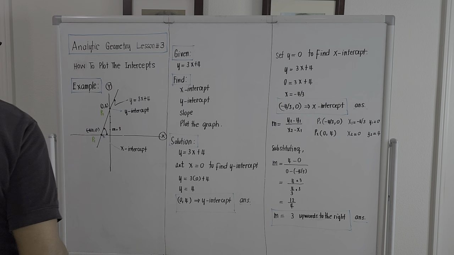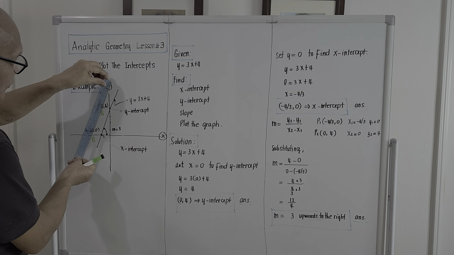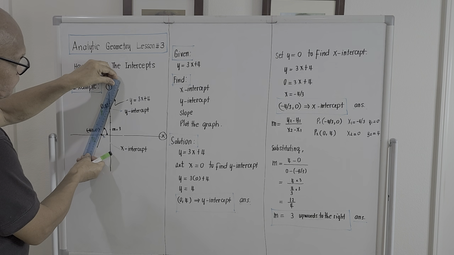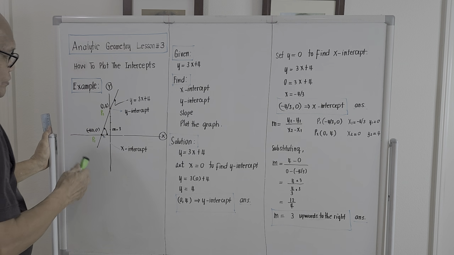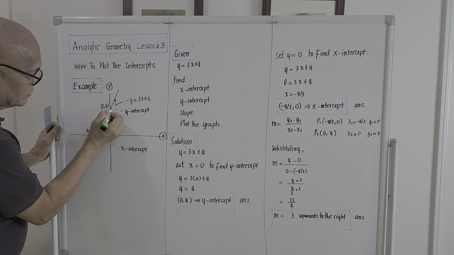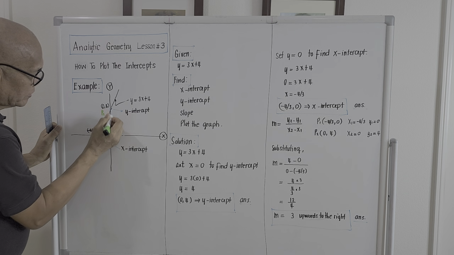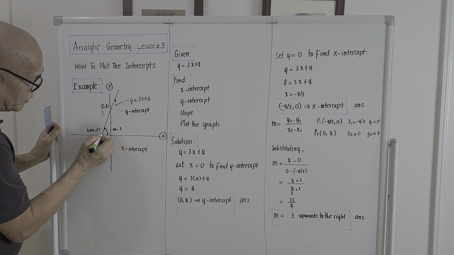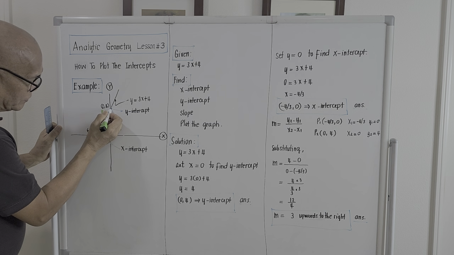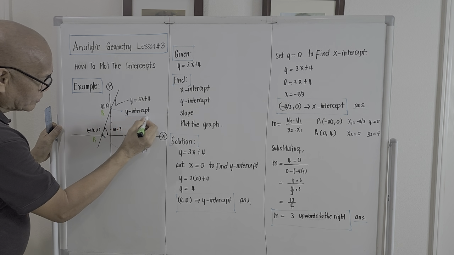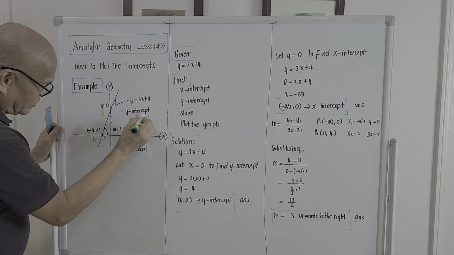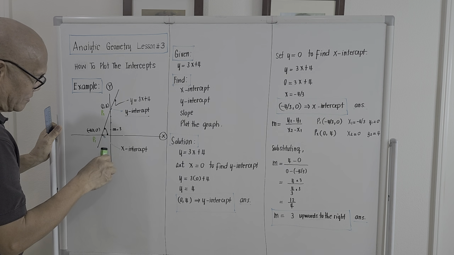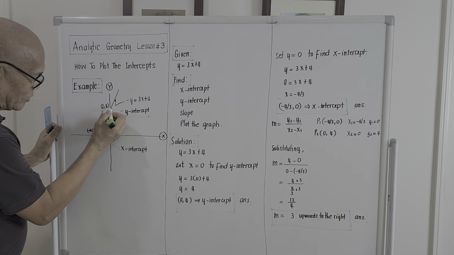We are given a straight line. This straight line passes through this point here. And at this point, the first intersection is actually the y-intercept, because it passes the y-axis at this location here.